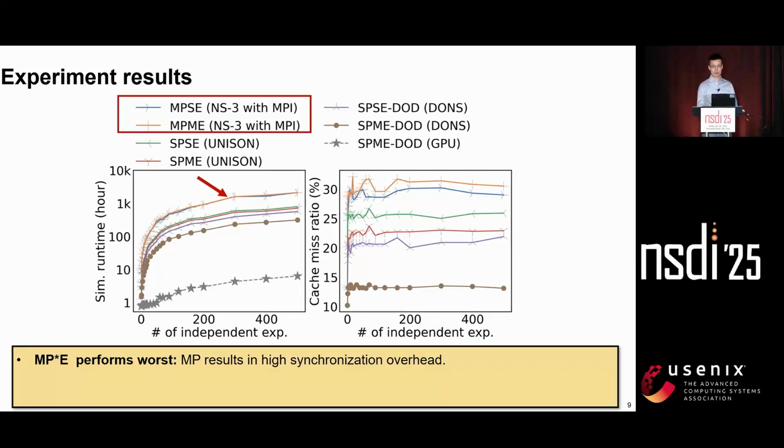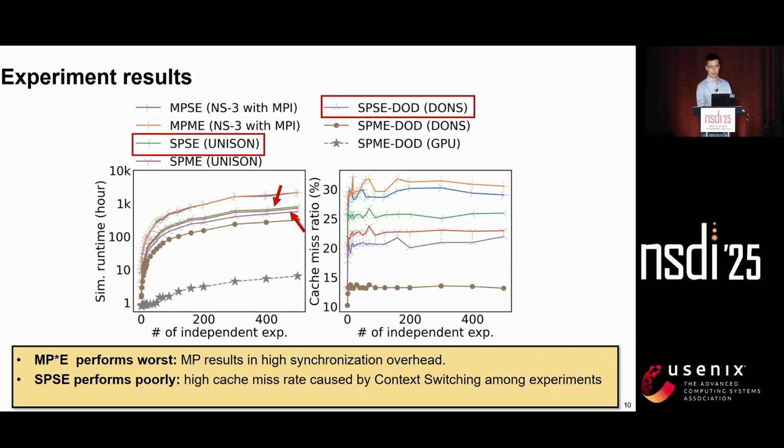The results show that, first, MP, multi-process, exhibited the poorest performance due to high synchronization overhead. It requires 2,000 hours to complete 500 independent experiments.